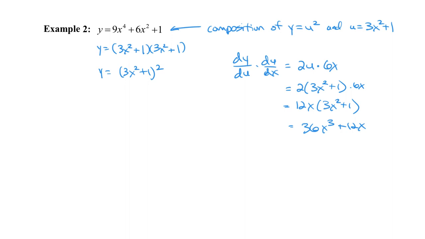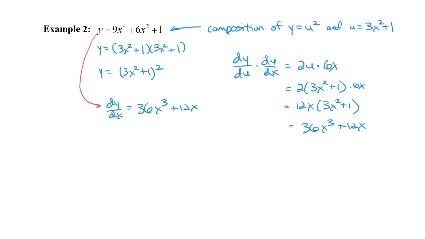Well, let's go back here and say we were going to take this derivative originally, and we say dy dx equals, we use the power rule. So you get 4 times 9, which is 36x cubed. And then we have 2 times 6, which is 12x.